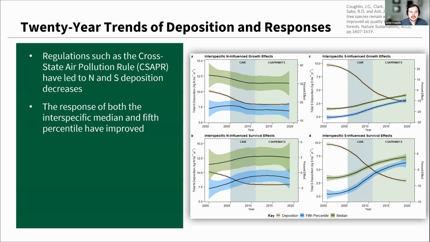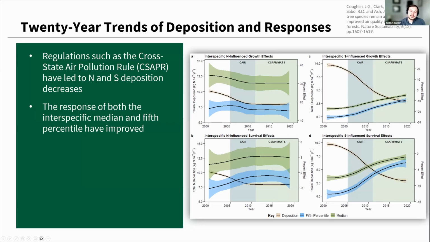So when we pull all this together, here I'm showing the interspecific effect. So this is all 94 species through time. The brown is showing the deposition trends nationally across all states. The blue is showing those fifth percentile interspecific effects, and then the green are the median effects.